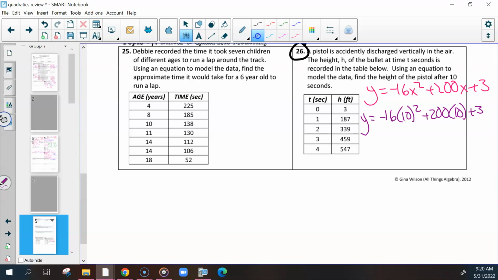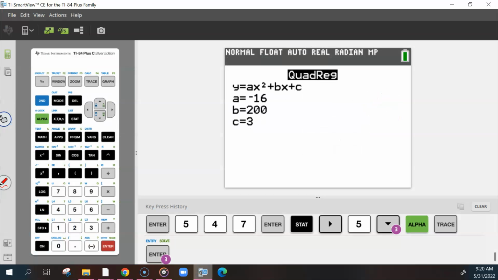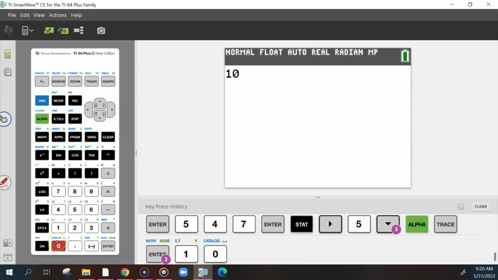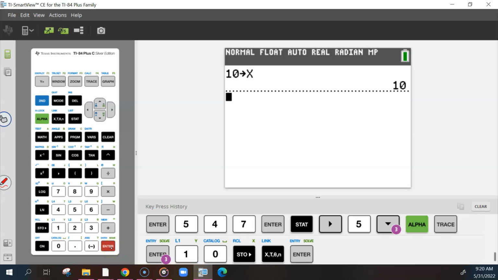And then there are a couple different ways you could go about finding this answer. One, you can store 10 as x. I'm just going to type in 10, hit my STO, hit x and enter.